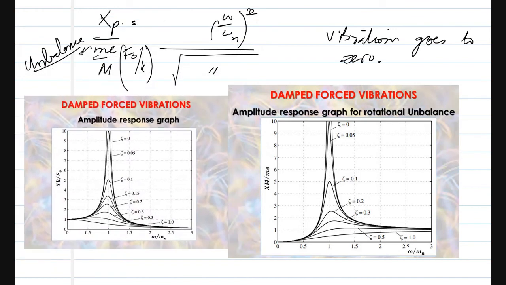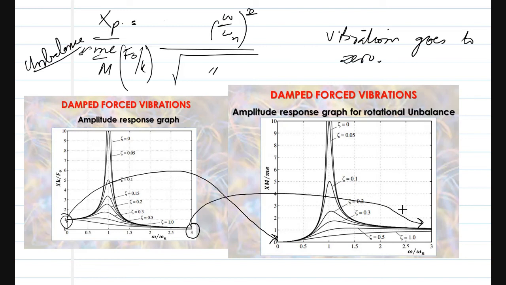You can now see that the only difference is, forced vibration starts at 1, while for the rotational unbalance it starts at 0, and for a high frequency ratio like 3, amplitude is very small for forced vibration, but here it's close to 1. Otherwise the response is exactly the same at resonance.